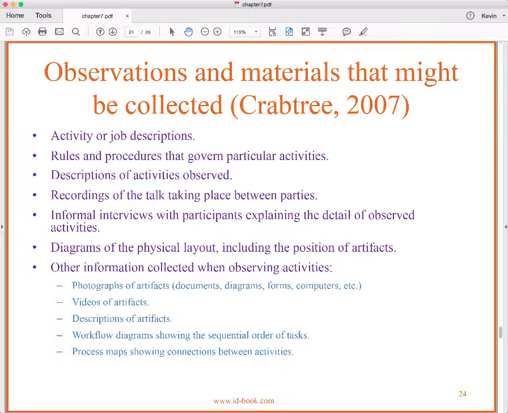There are a lot of workflow diagrams that are kind of our process maps. So those two, I think, are fairly interchangeable. Right? So we're going to wade in, and we're going to collect data, and we're going to experience it.